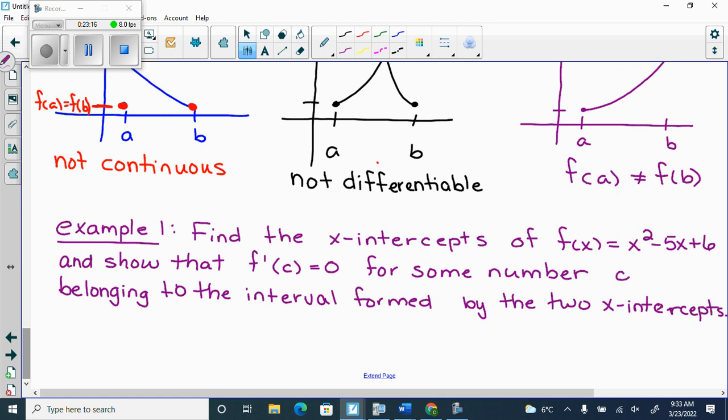And after you've done that, I have to write determine. Determine the value of c. It says find c.